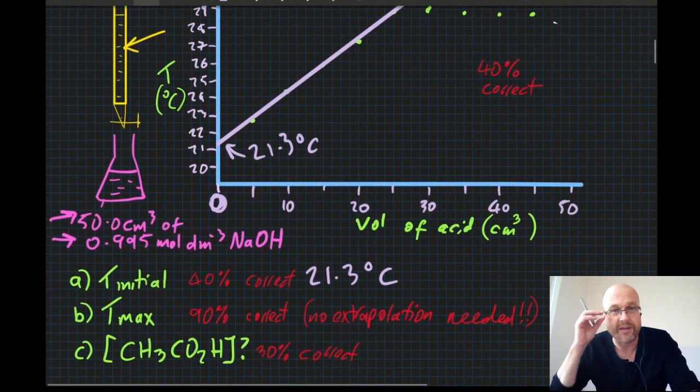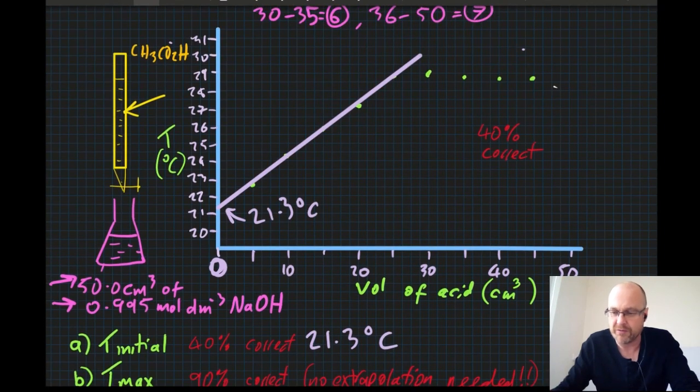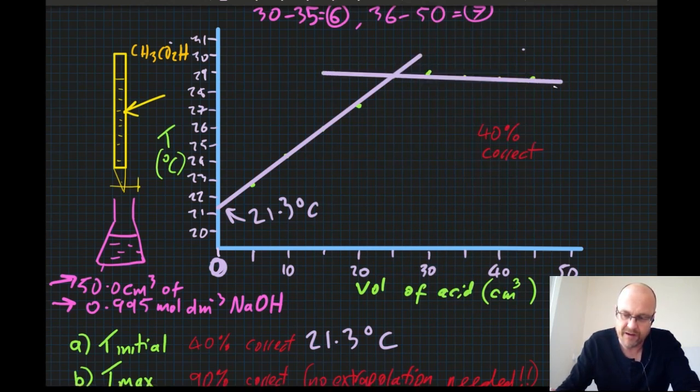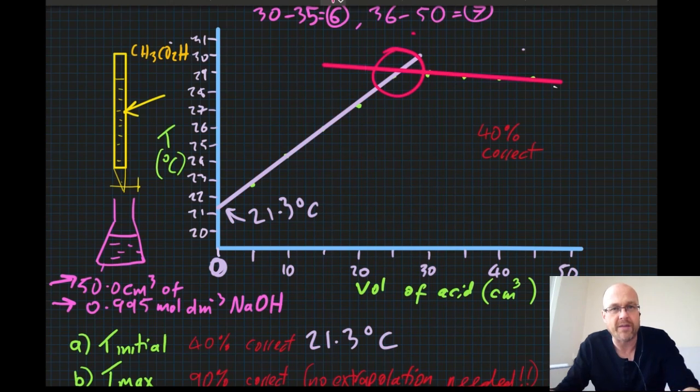Okay, 90% got the next one correct, which is what's the maximum temperature? So, of course, you're supposed to extrapolate it like this, from this decreasing temperature line, find out where they cross here, and then that is going to help you work out the maximum temperature. But you could just read it off the graph.